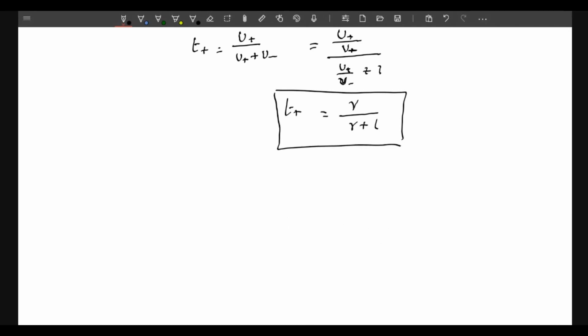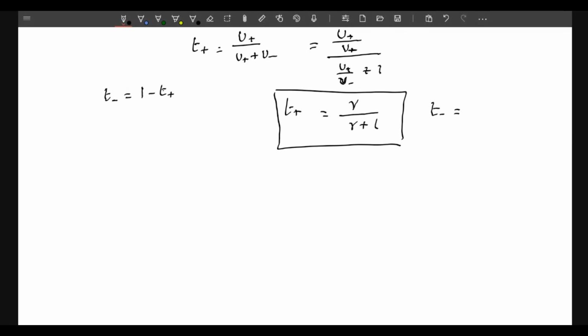The speed ratio is given. Similarly, you can write out T minus in terms of R. And how to calculate? A number of methods are there, or you can make use of this method. T plus plus T minus is equal to 1. Therefore, T minus is equal to 1 minus T plus. If you calculate the transport number of the cation, subtract it from 1, you will get the transport number of the anion, and vice versa.